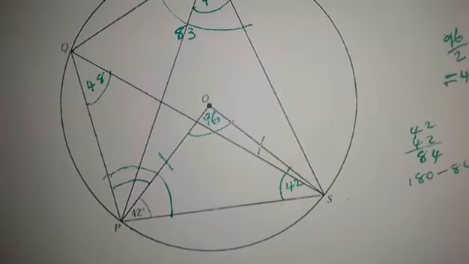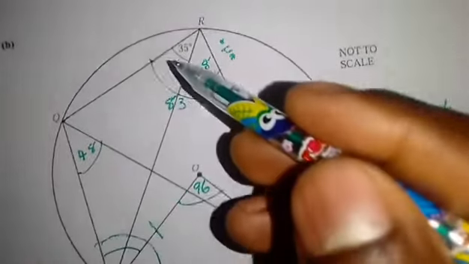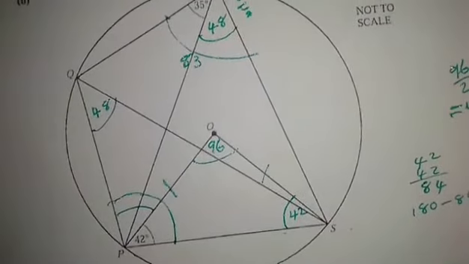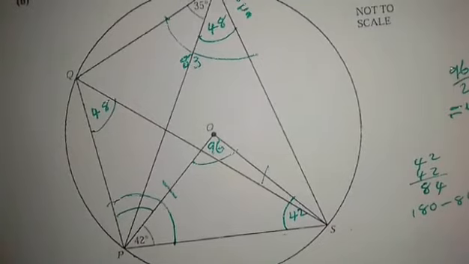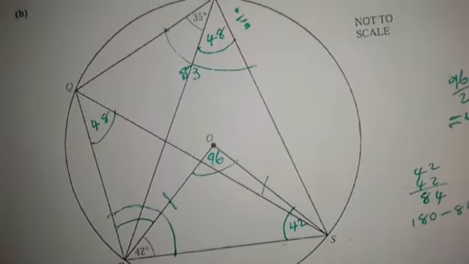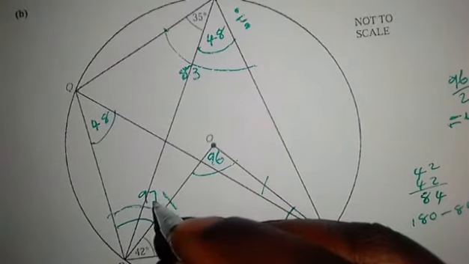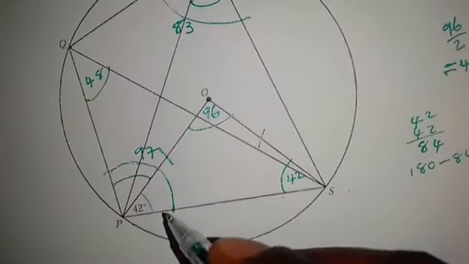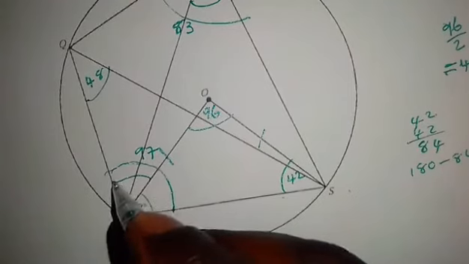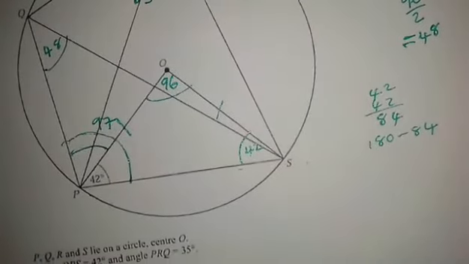Saka it means this whole angle iri pana P kuti T1 tinoti 180 minus 83 ari kukavha this whole angle iri pana R. Since opposite angles in a cyclic quad, they add up to 180. Saka 180 minus 83, angle inobva yabuda iri 97. Saka tinoita kuchiti 97 minus 42 kuti tiwane this angle iri pana P yekunze.